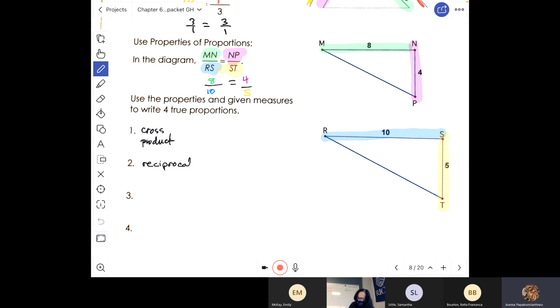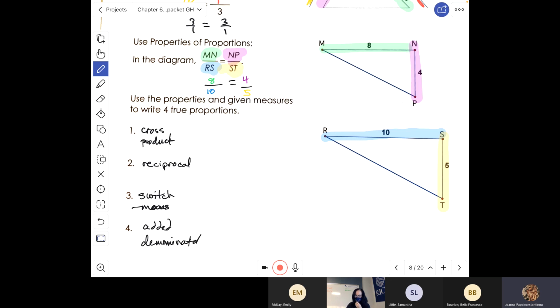And then we interchanged the means. We switched the means. That was another property we looked at. And then the last one is when we added the denominator. So let's see if we can use these properties to come up with proportions.